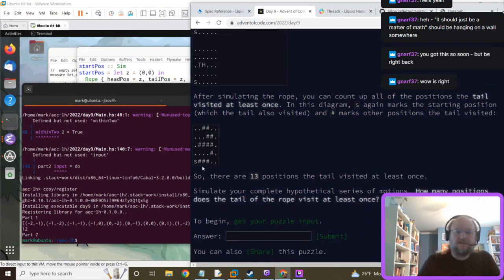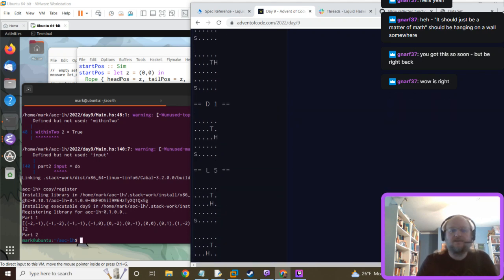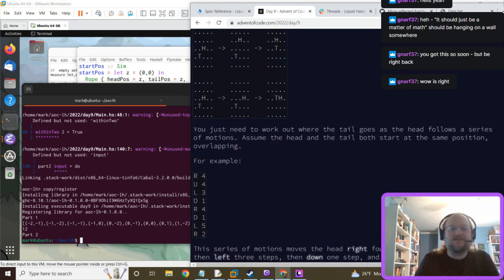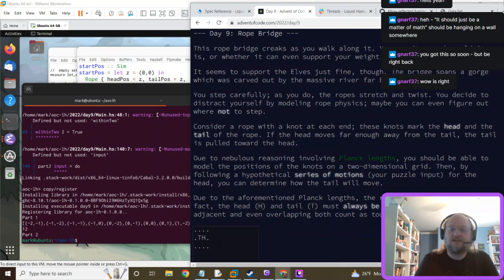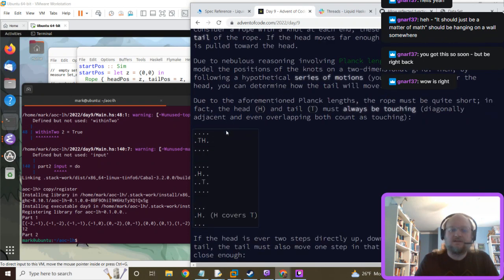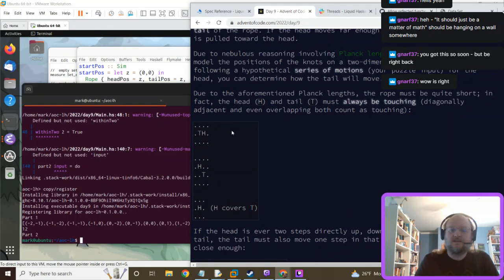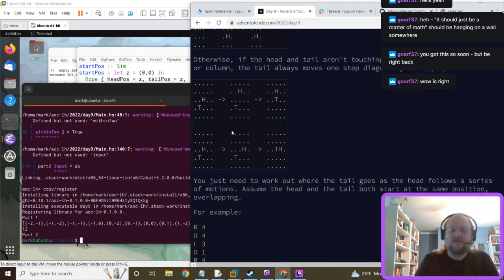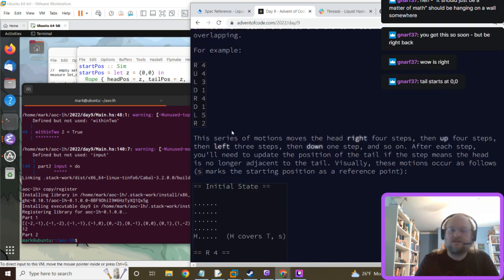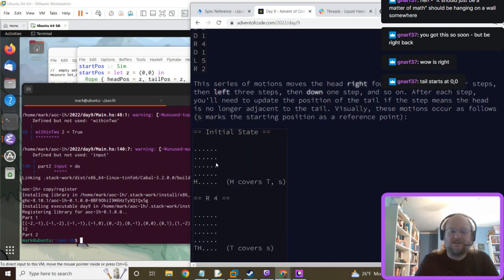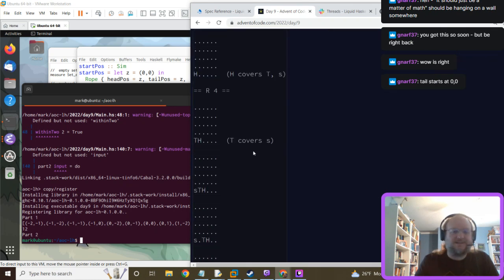All right. Did I get it wrong about where the tail starts? Yeah, that's what I did. Is the head initial state? Yeah, both are at 0, 0.